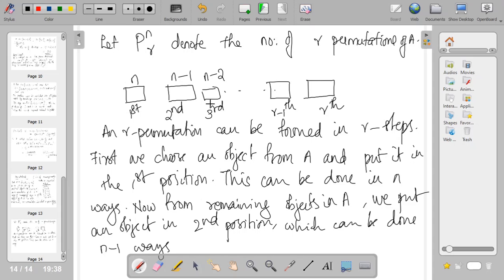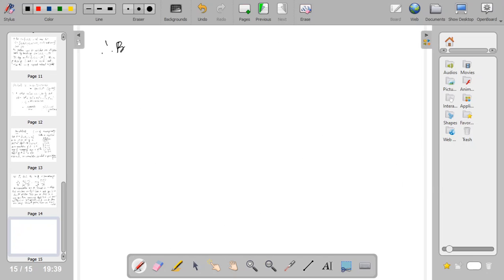So now, by using the multiplication principle, take the product. We are filling up r positions one after the other. First you need to fill the first position, then the second, then the third, then the rth position. Therefore by the multiplication principle, NPR will be equal to n, then n minus 1, n minus 2, and so on up to n minus (r minus 1).